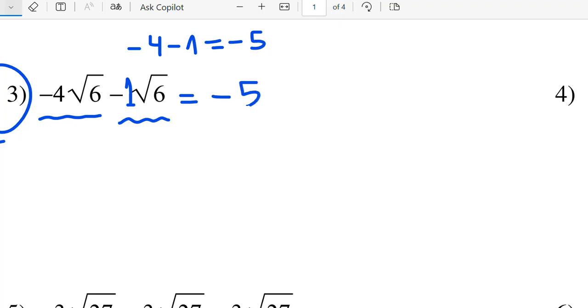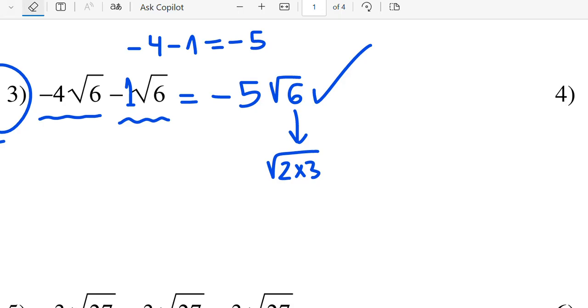So we have negative 5 radical 6. Done. That's it. There is nothing else you can do here, right? Even though you can split 6, can you split number 6 into two numbers that you know the square root of one of them? The only thing I can do is 2 multiplied by 3. But do I know square root of 2? No. Do we know square root of 3?